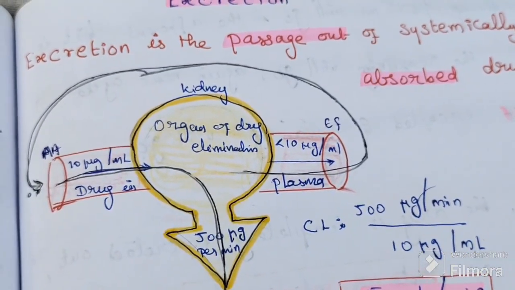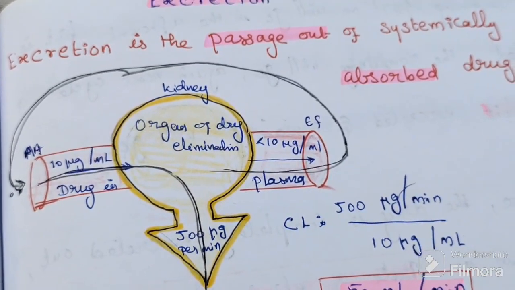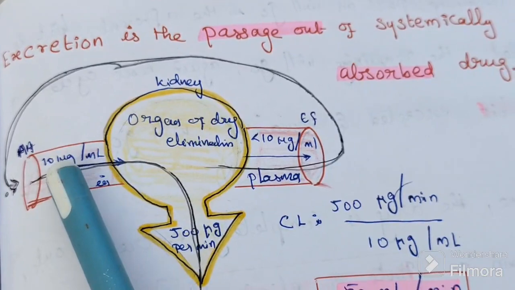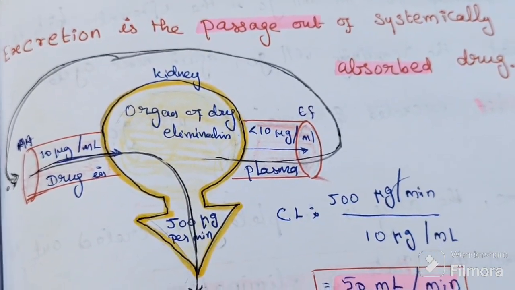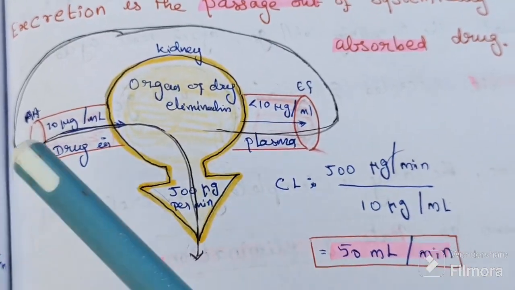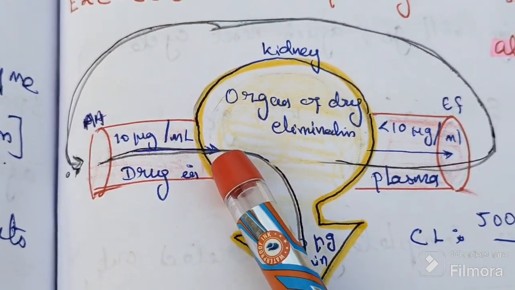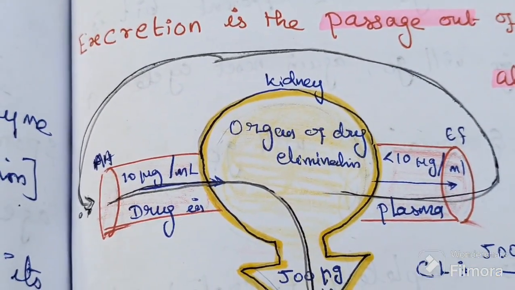It can be any value; just suppose here it is 10 microgram per ml. A little bit is excreted, and the remaining will go back to the efferent arteriole.